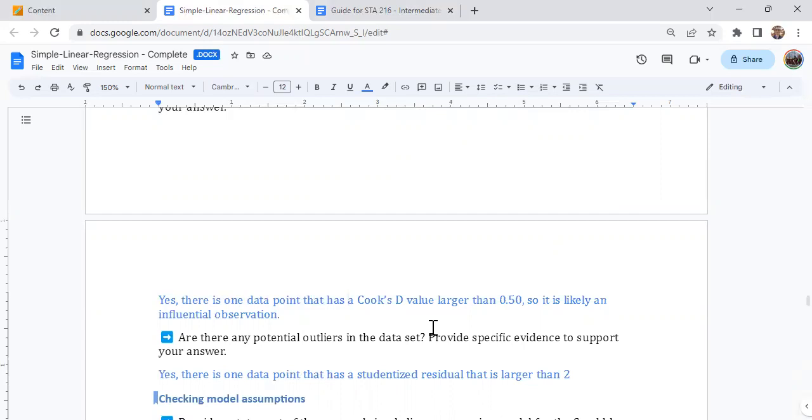To say you should always just keep it in the data set is wrong. This is where, if you're doing a scientific study, maybe investigating something public health related that would affect people's well-being, I would maybe fit 2 models, one with the influential point included, one without, and discuss how the results differ.